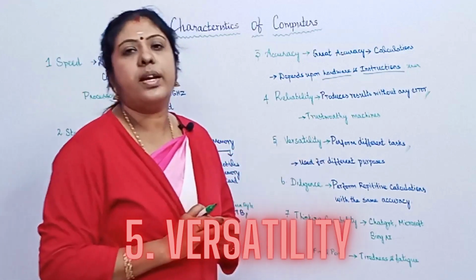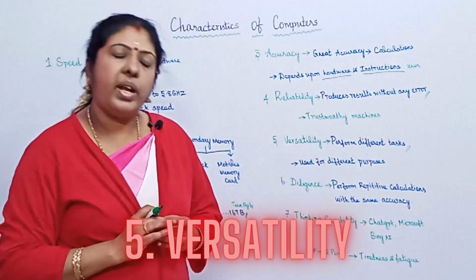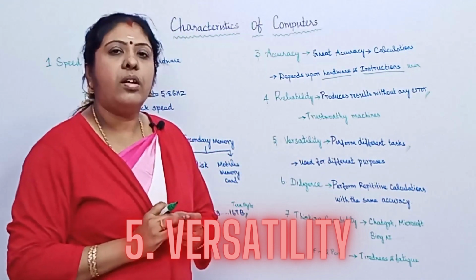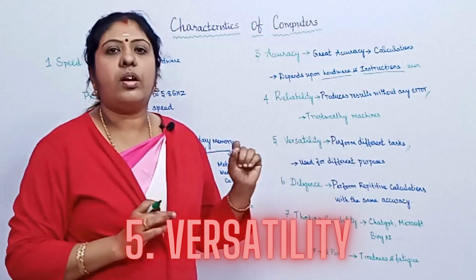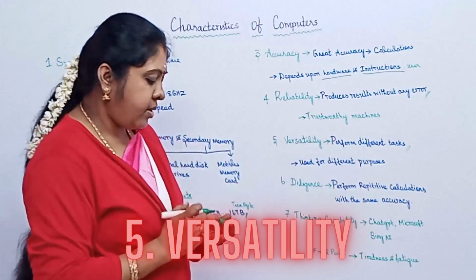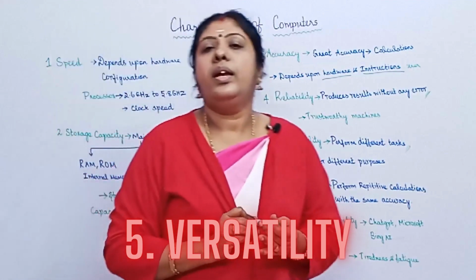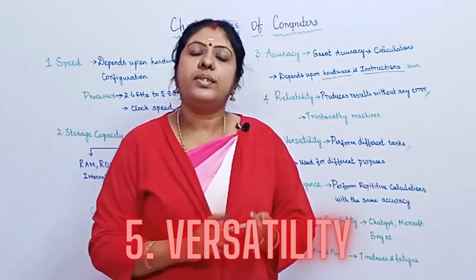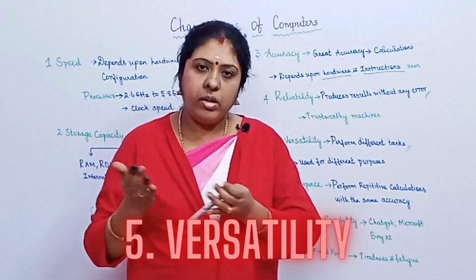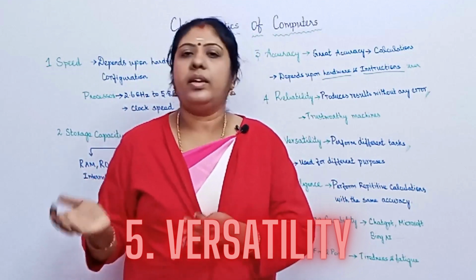And then next comes the versatility. That is, computers can perform many different tasks. That is called multitasking. So computers are called versatile machines. For example, consider you are working in a Word document. At the same time, you can open a music file and hear a song.